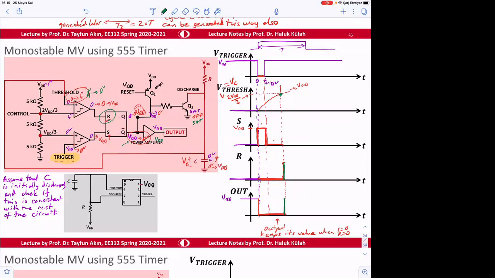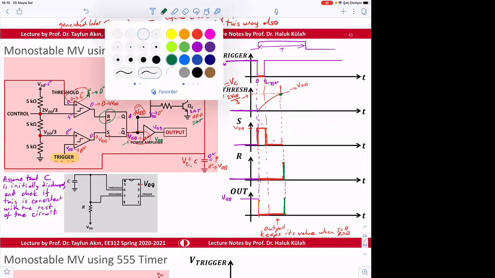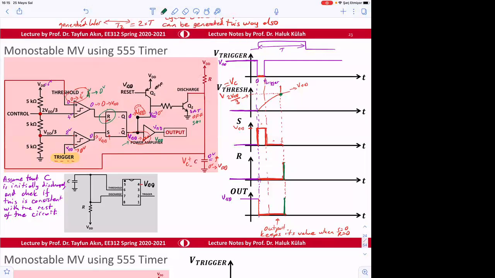Does it become SAT again right away? No. Why not? In fact, because the voltage here is 4 volt now. 4 volts capacitor, and then it doesn't really become SAT right away.